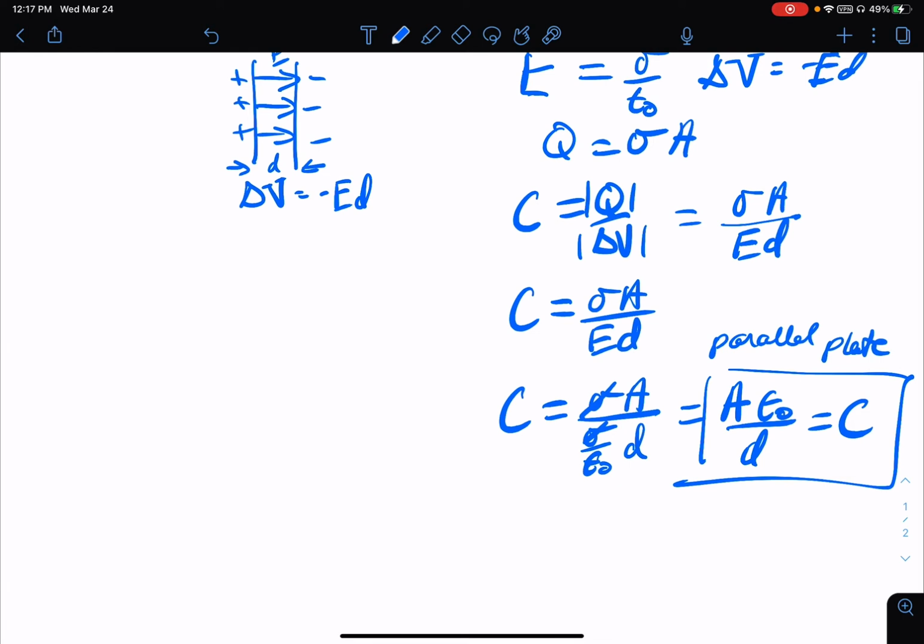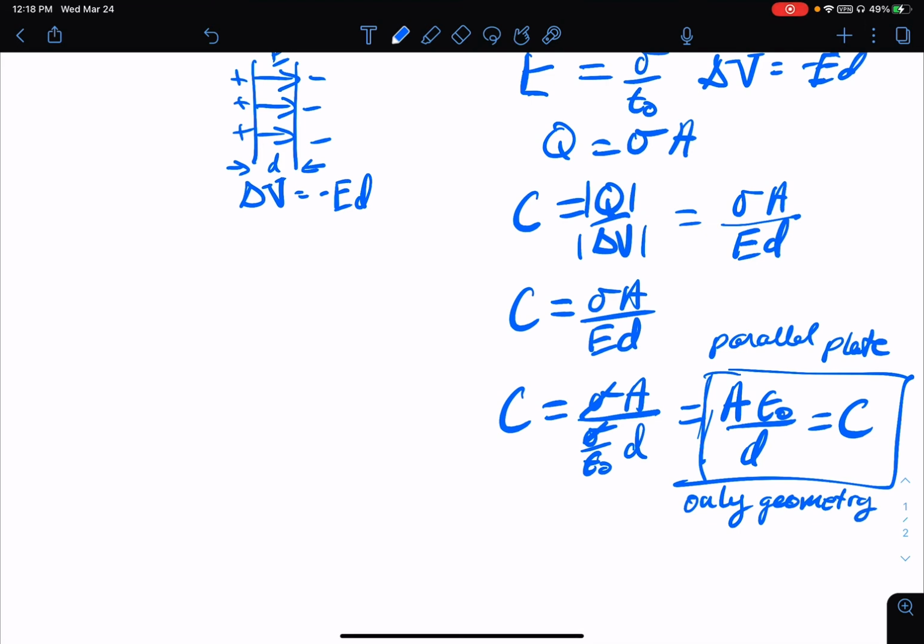And this is almost always what we use in this class. And most small circuits are using parallel plate capacitors. I would just draw your attention to the fact that only geometry matters. And that's going to be true for all capacitance problems.